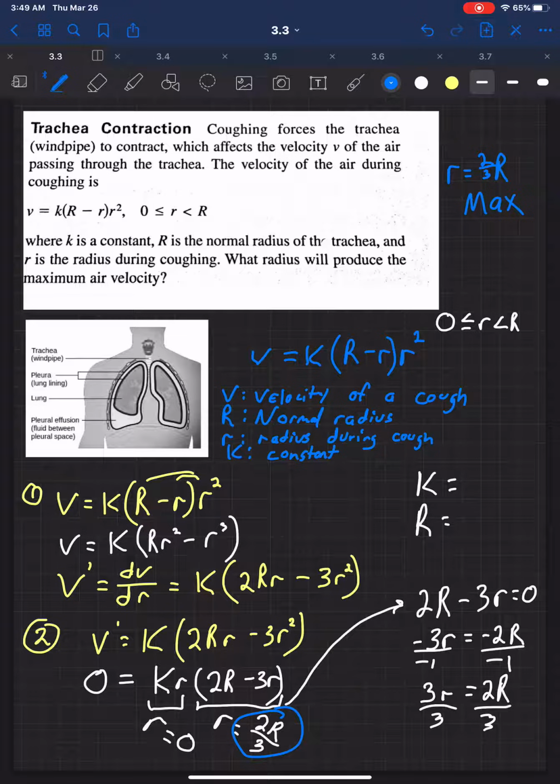So just keep that in mind next time you're coughing. Just try to contract your trachea to 2/3 of what it normally is, and there you'll have the maximum velocity of a cough. Okay, I will see you again soon.